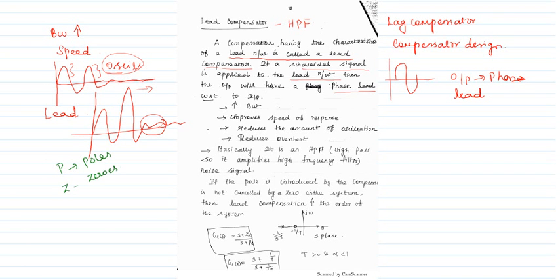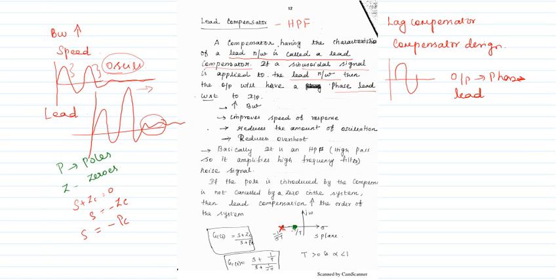In the S plane plot, here are the zeros and here are the poles. When finding the roots of the compensator GC of S equal to S plus ZC divided by S plus PC, S plus ZC equal to 0 gives S equal to minus ZC, that is the zero. S equal to minus PC is the pole. Likewise we can get the poles and zeros.